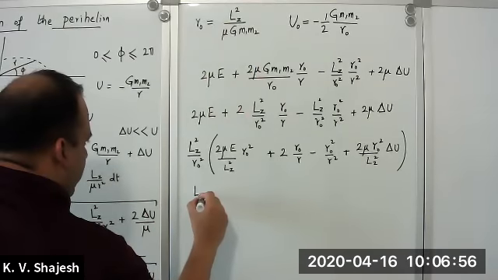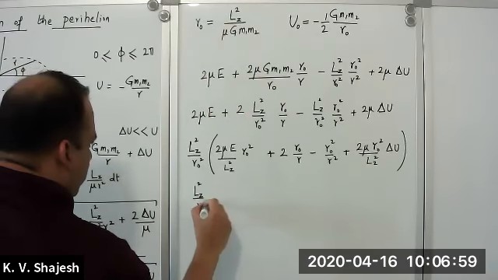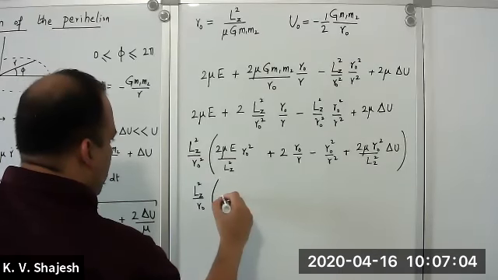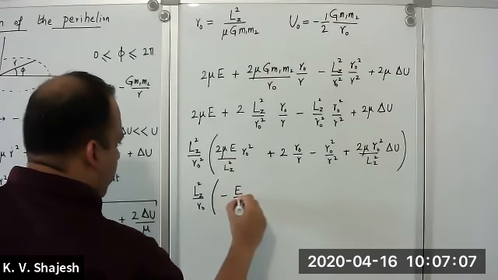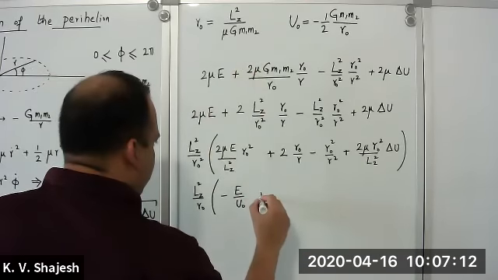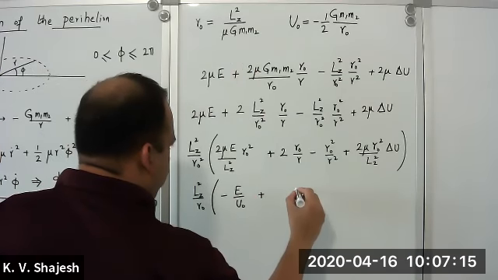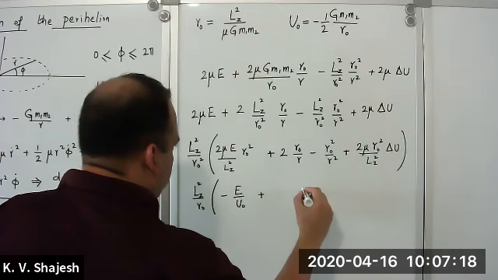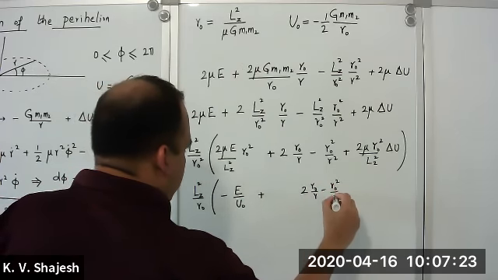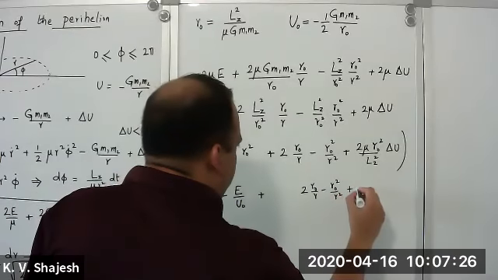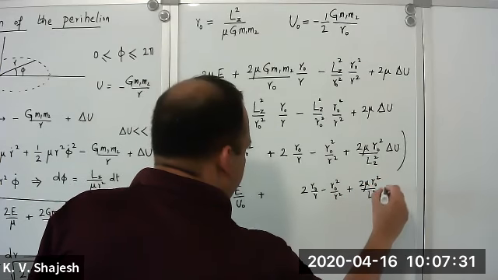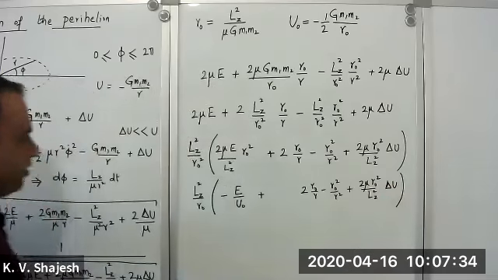So we have LZ square over R naught square. I think finally I have this. So this is E over U naught, with a negative sign because of the negative sign in the U naught. And that's it, plus 2 R naught over R, 2 mu delta.